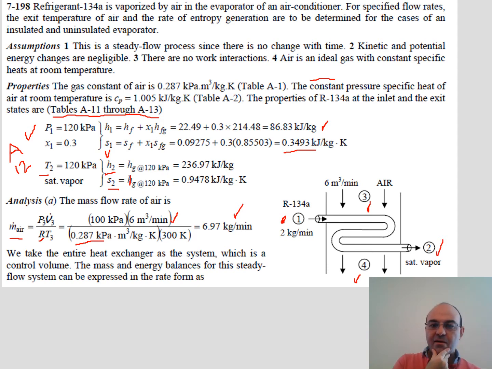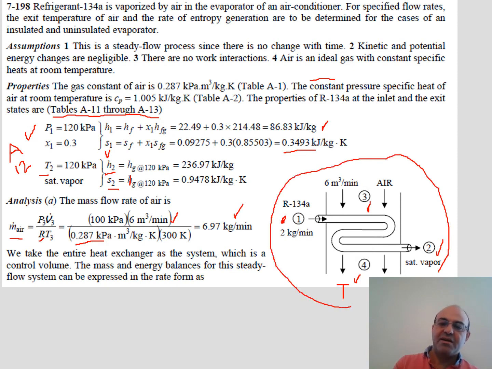So the problem asks us to find the outlet temperature of the air, T4. So in order to find T4, we need to write the first law for the entire system. So we need to see what energy is coming in, what energy is going out, if we consider this as our entire system.